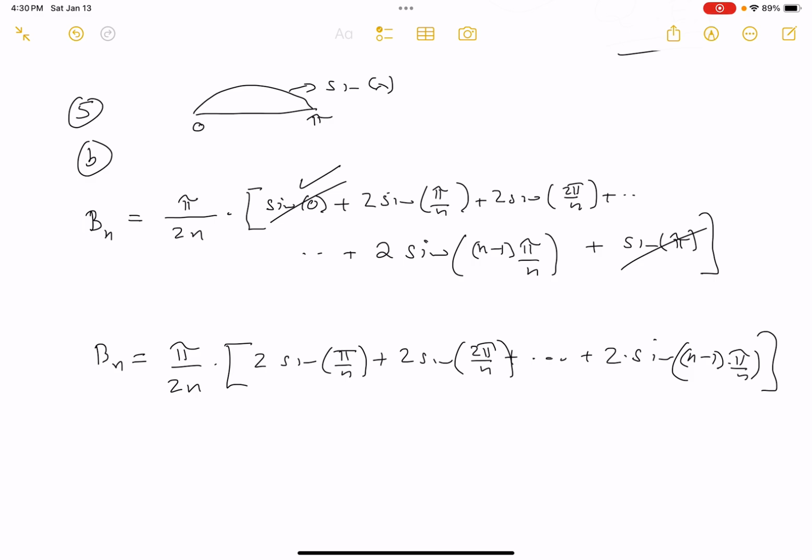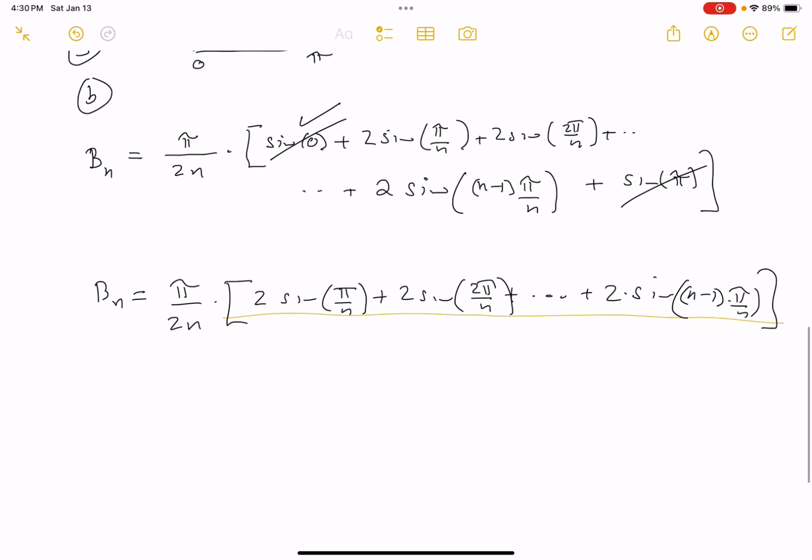So, again, I'm looking at it. I wonder how it relates back to the other one. Let me think about this. I'm going to try something maybe a little bit tricky. The one thing I'm going to do is just multiply both sides by sine of pi over 2n.